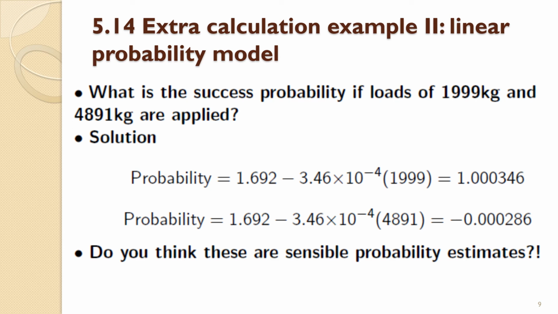Okay, so we saw in the previous numerical example that if you've got a data point smack bang in the middle of the sample, then you might still reasonably get sensible answers from this linear probability model, but we haven't had to work too hard here to find values that have sort of broken this simple model and probability estimates that don't really make sense. Now, of course, you could sort of estimate these as success probability 1 and success probability 0, but nonetheless, I think you can sort of see here that at precisely this range of values, this probability model begins to break down.